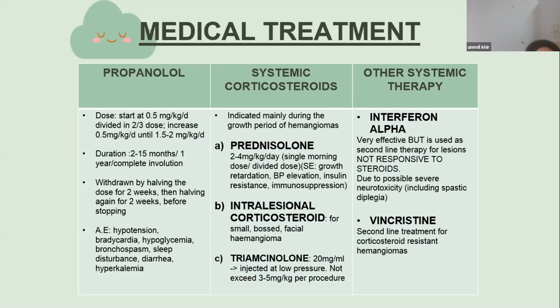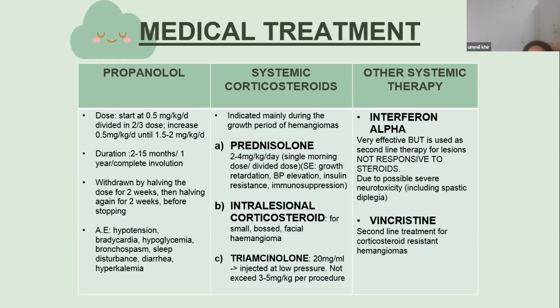The adverse effects that should be monitored during propranolol therapy are hypotension, bradycardia, hypoglycemia, bronchospasm, sleep disturbance, diarrhea, and hyperkalemia. Okay, so propranolol is a beta blocker.